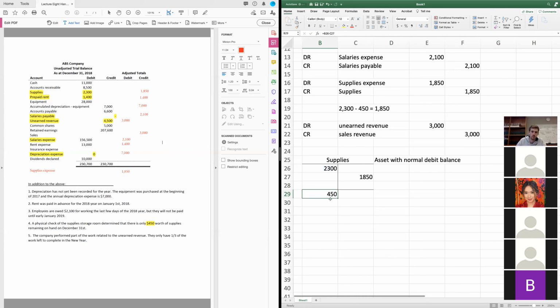And that's the number you want, right? You know there are 450 worth of supplies left. So for the adjusted trial balance, the supplies balance should be 450, not 2,300. Are we clear with this?